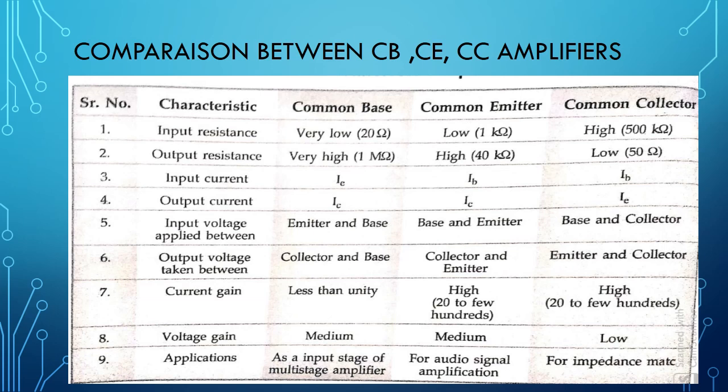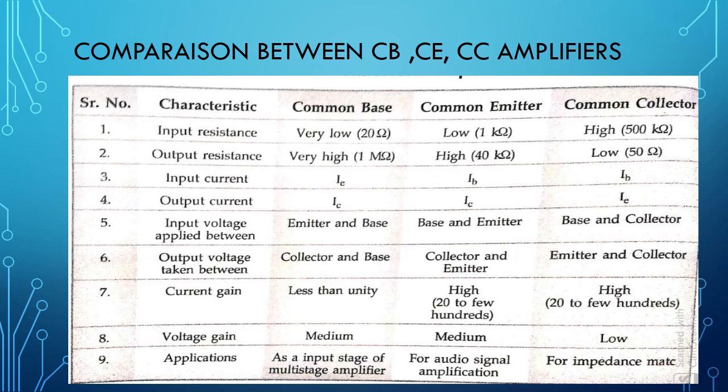Now let's go to the applications. The common base is simply used as an input stage of the multi-stage amplifier, because it has a very low input resistance. Because of this feature, we can connect low input signals to it, so we can use it as an input stage of the multi-stage amplifier.